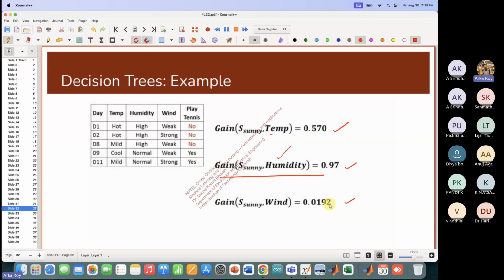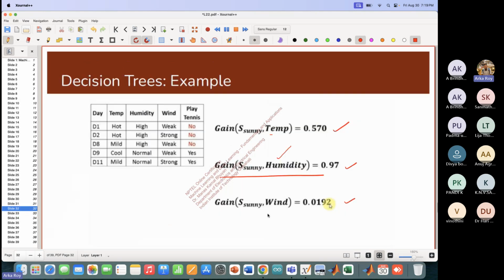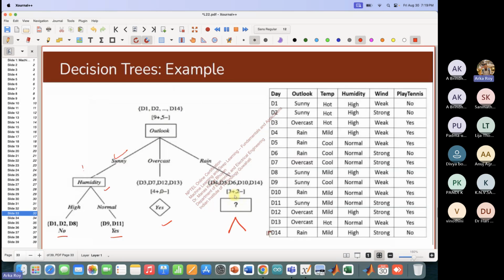So in the next phase, in the node, you have to consider humidity as the next node. You had sunny, then you calculated all the information gains, and from the information gain, you can see that information gain for humidity is high. So that means you have to place humidity in the node.